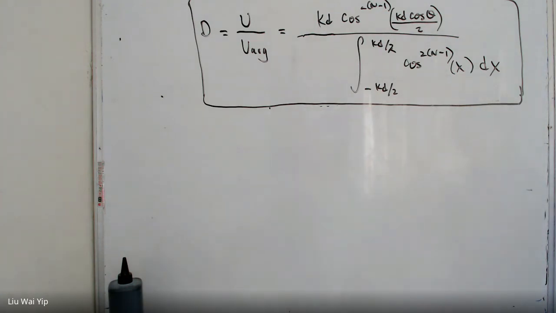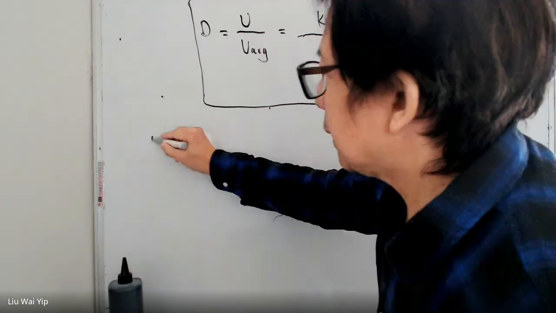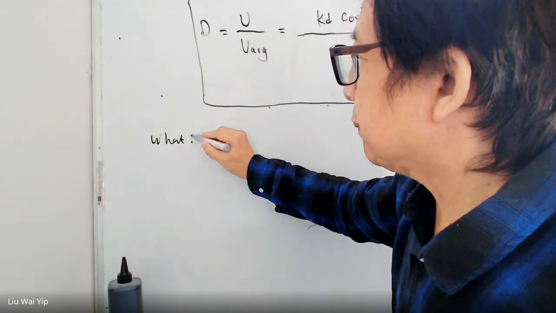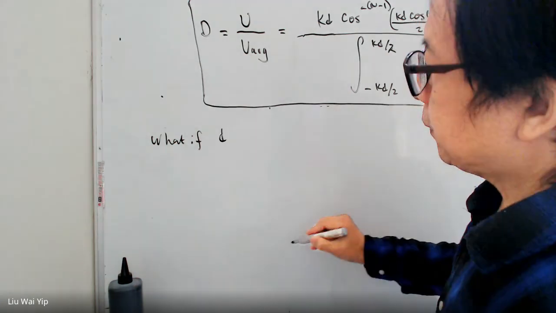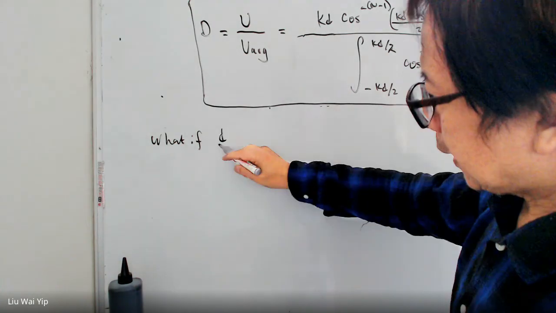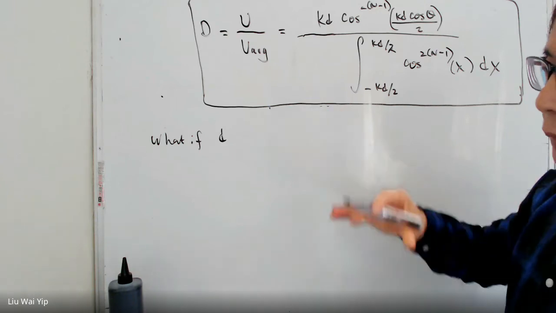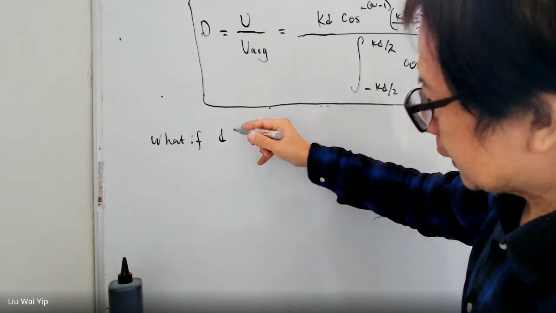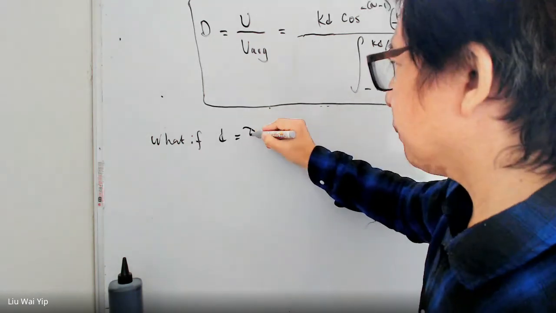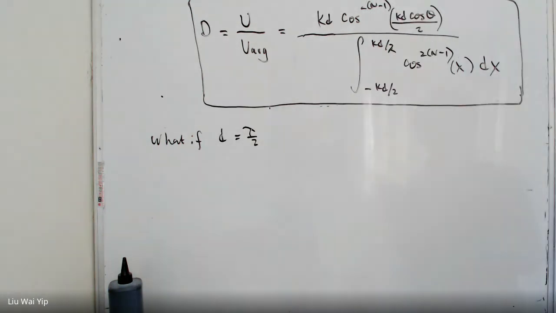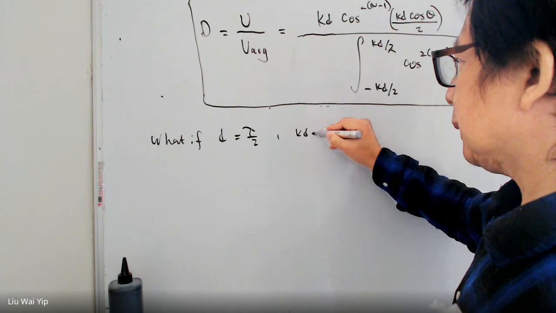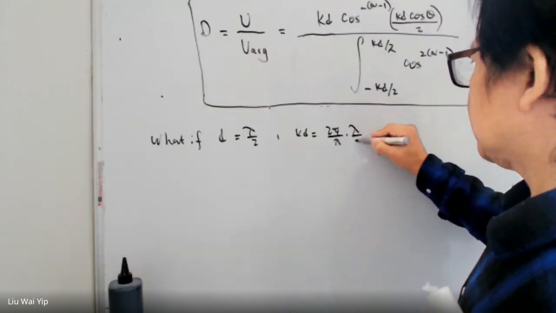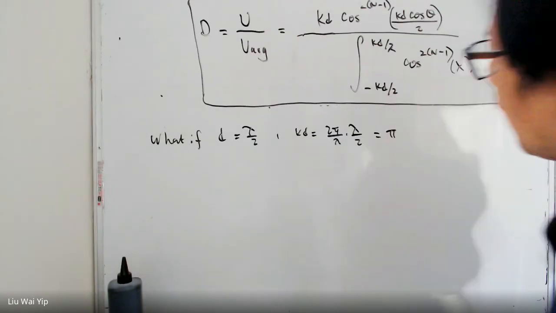Now, what if the separation d, which is the separation between two elements, is equal to lambda divided by 2? In this case, KD is going to be 2 pi over lambda times lambda over 2, which is pi.